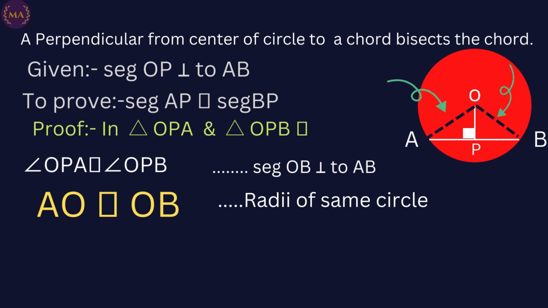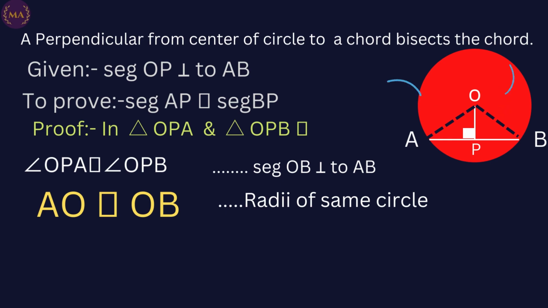Perfect. And always when you mention that AO is equal to OB, you are going to write the reason. Like first, I have shown that angles are equal. Why are they equal? Because the lines are perpendicular, right? So you will always mention the reason on the side.